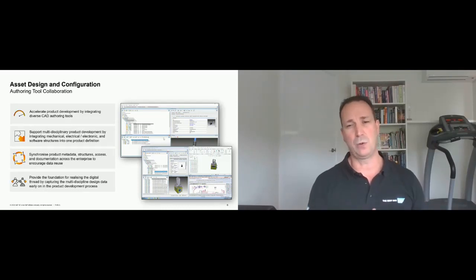So we capture all of that design information up front, because a lot of it can actually be reused. We have examples where we will do models and simulation to understand how a particular asset might perform under operational conditions. So we're testing the design. Those models are incredibly useful when we get into operations and maintenance. We'll talk about that a little bit later.